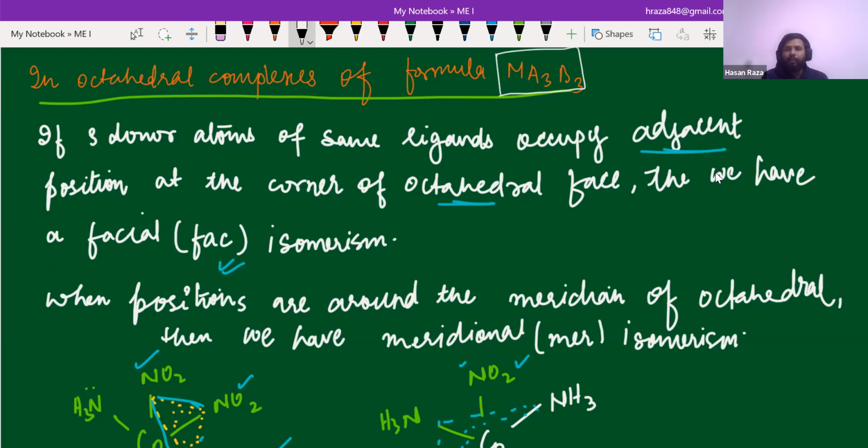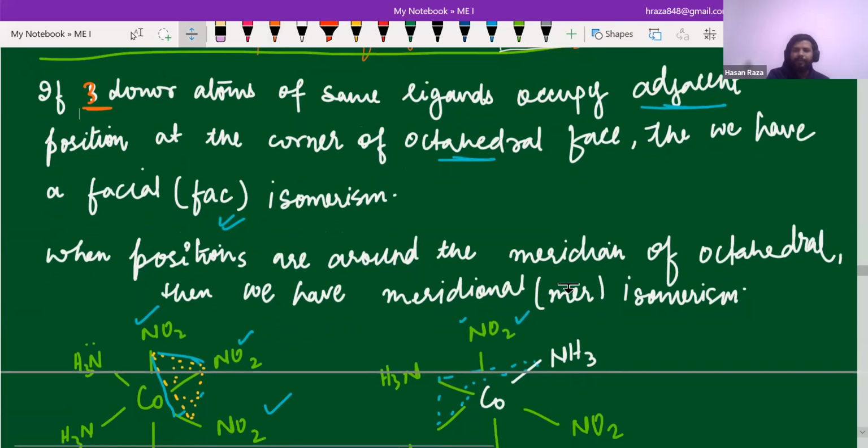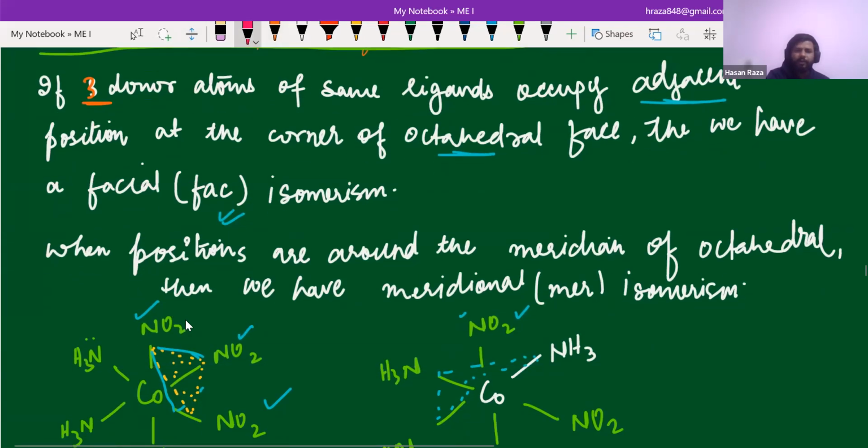If the three donor atoms of the same ligand occupy adjacent positions simultaneously, they form facial isomerism, or fac isomerism.